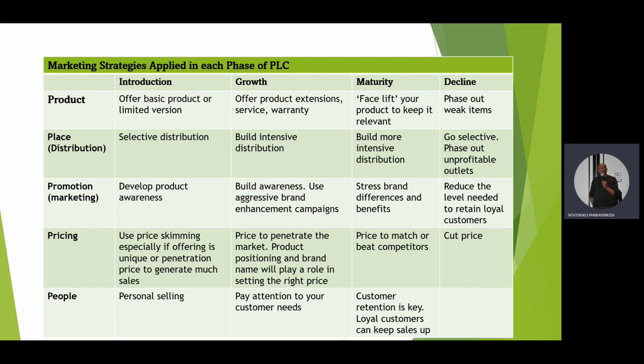You are personally selling to people, and you market your products during that process. You say, okay, this is my new product. Can you test it? And then you come back to me with the feedback. How do you feel about my product? So you're going to be personally selling under introduction.